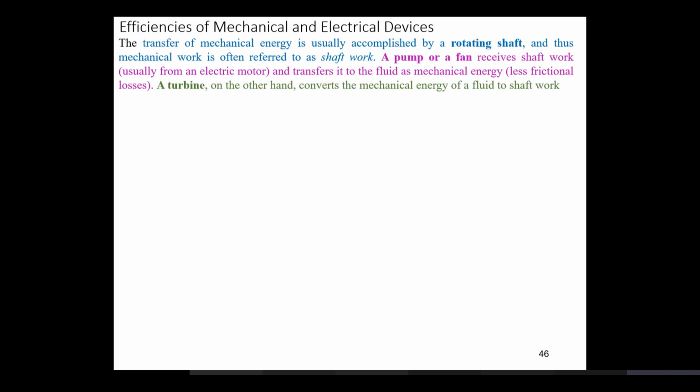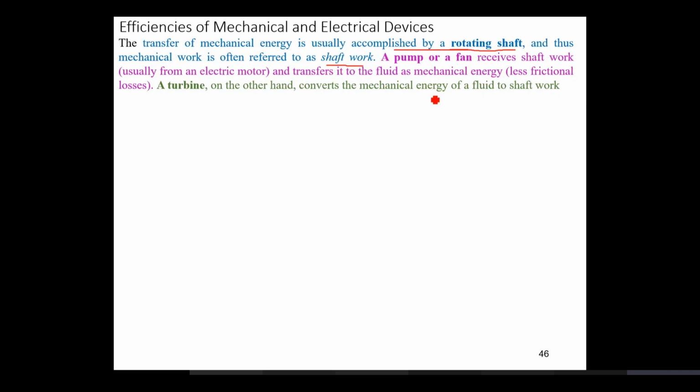Moving on, we'll now consider the efficiencies of mechanical and electrical devices separately, and then we'll try to figure out the combined efficiencies of mechanical and electrical devices. What is a mechanical device? The transfer of mechanical energy in mechanical devices is usually achieved by a rotating shaft, and it is often referred to as shaft work.